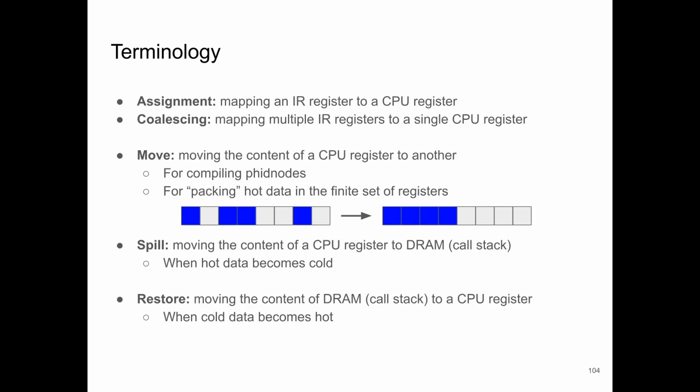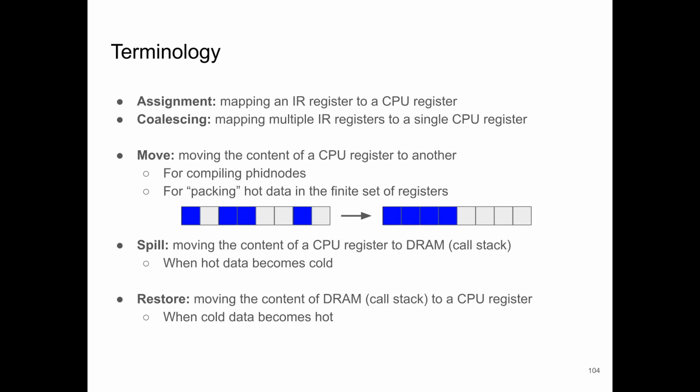And there is a notion of coalescing, which is mapping multiple IR registers to a single CPU register. This is possible if the IR registers do not overlap in their lifetimes.